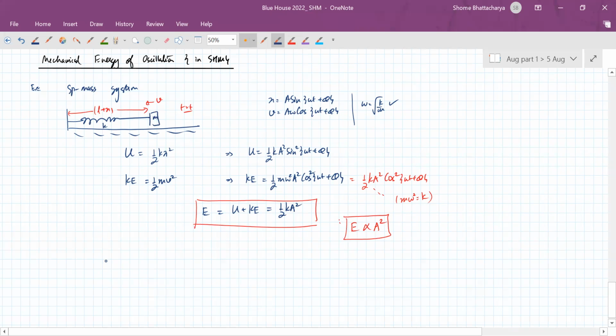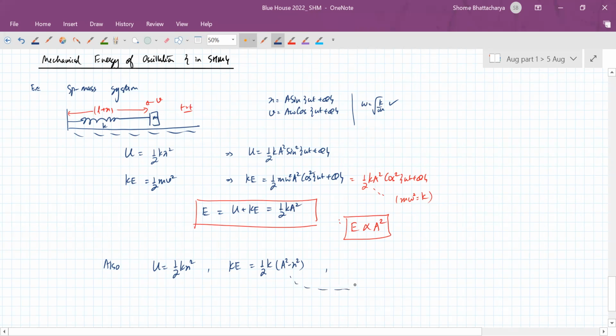Also, the potential energy is half kx square. The kinetic energy can be expressed as half k into a square minus x square. So this is kinetic energy as a function of x.